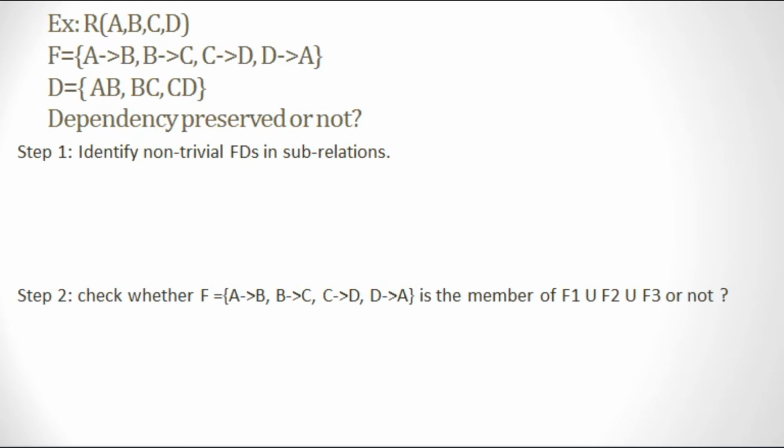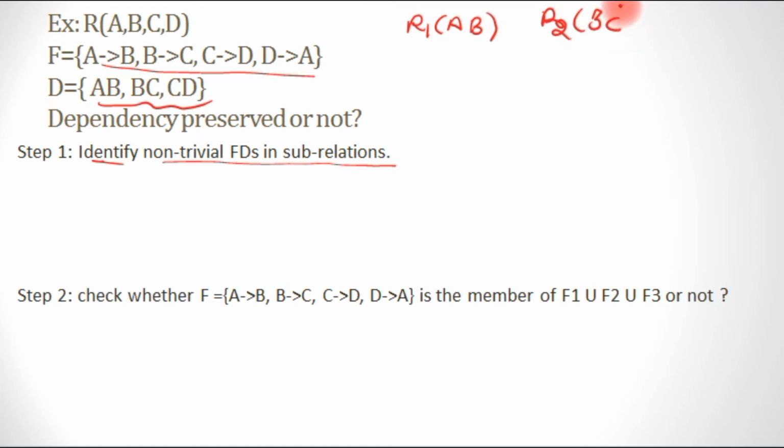See this example. In this example, we are given a functional dependency set and we decompose the table into three subrelations. First, we have to identify non-trivial functional dependencies in subrelations. Here we have relation R1 AB, relation R2 that is BC, and relation R3 that is CD.